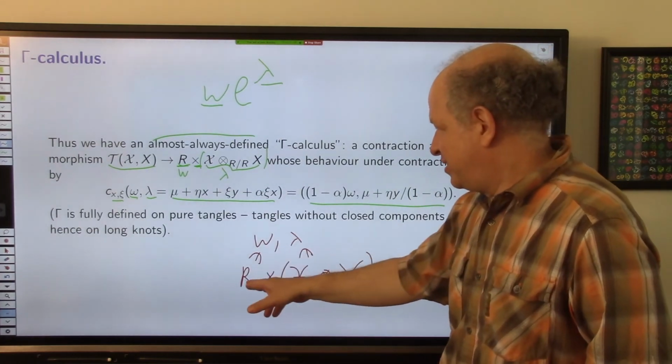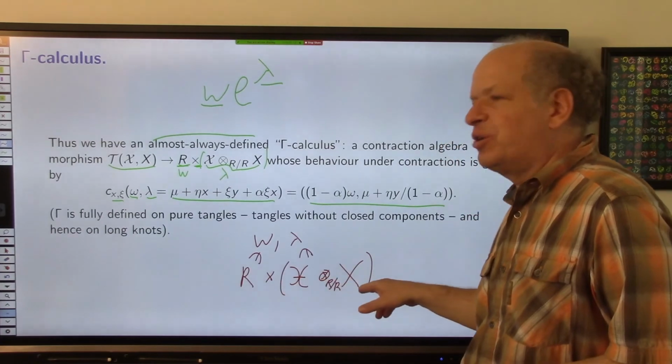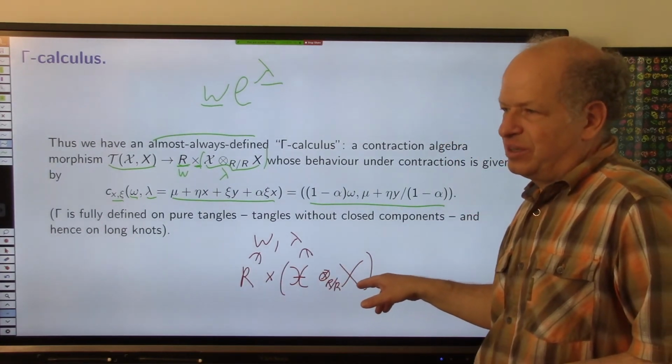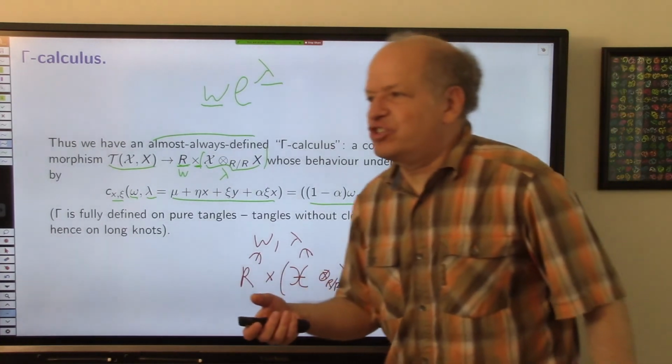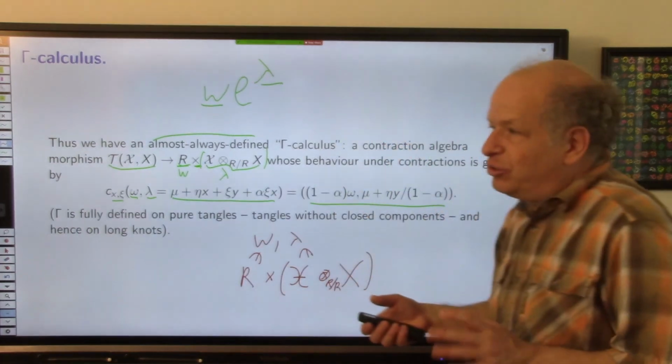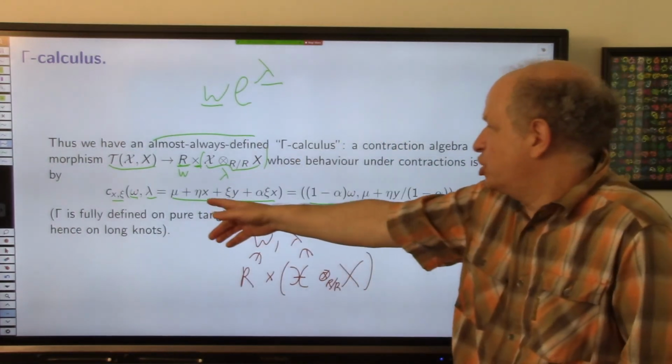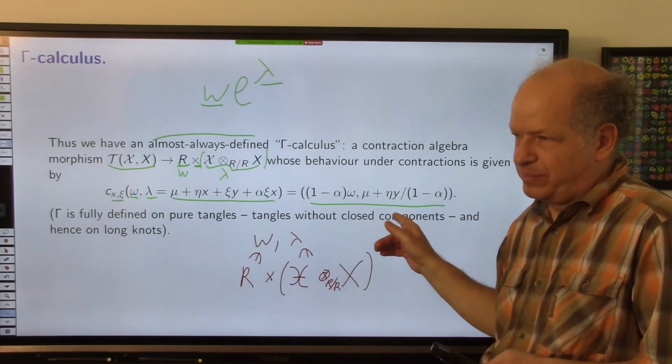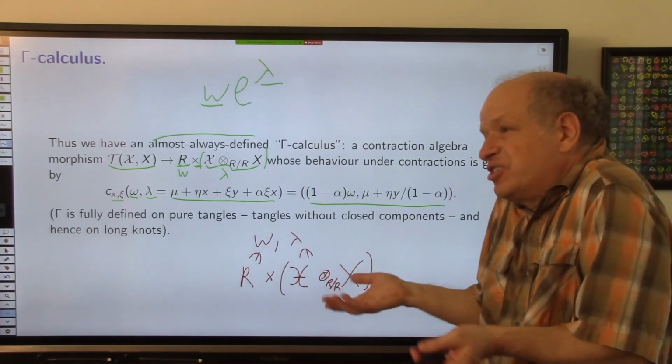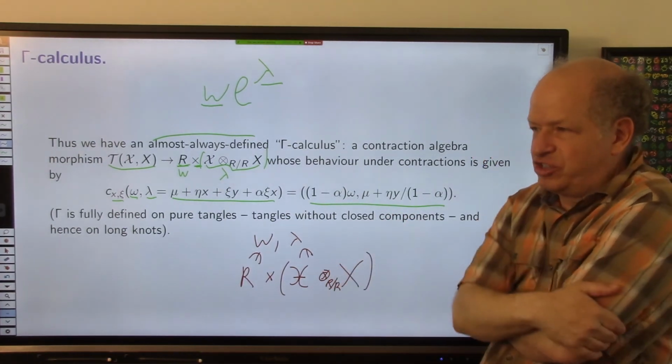By chance, R is a linear space and the quadratics are linear. But its linear structure is useless. The contraction operations are non-linear as written here. So yes, it's a linear space, but it's pointless to think of it this way.